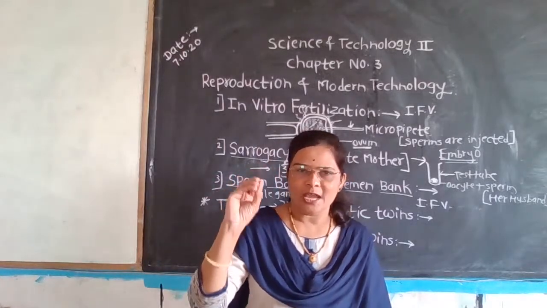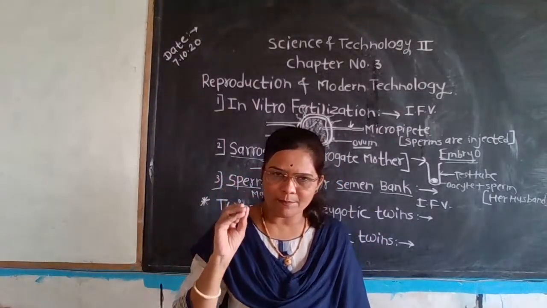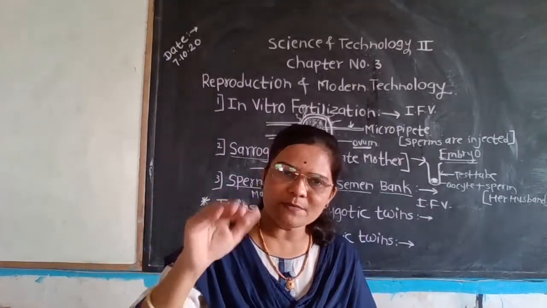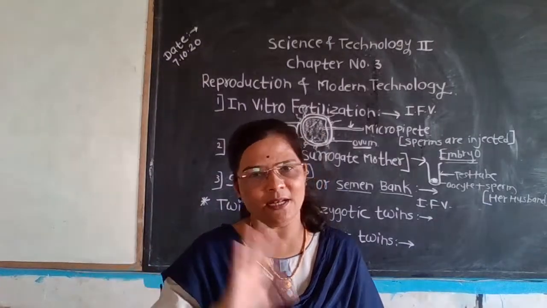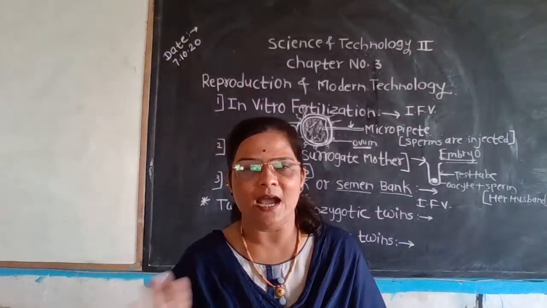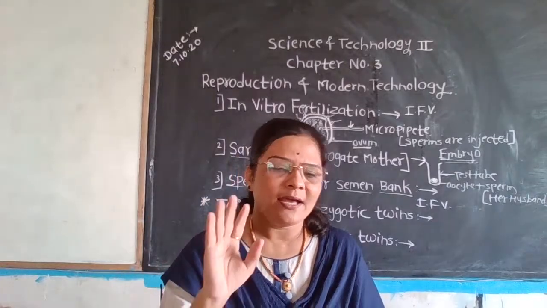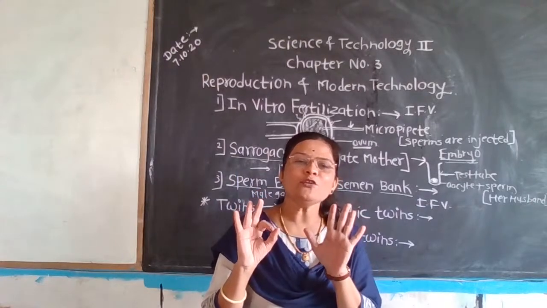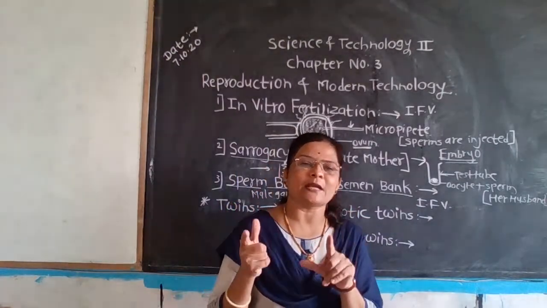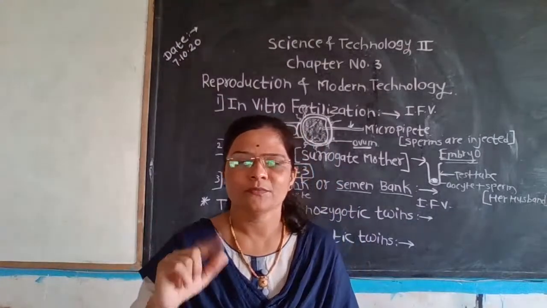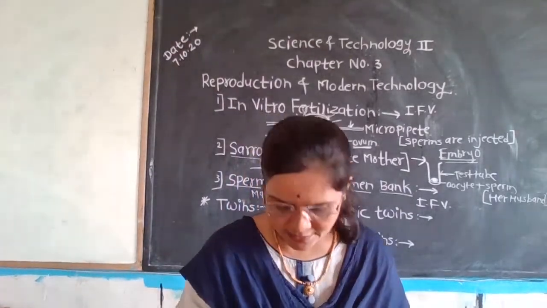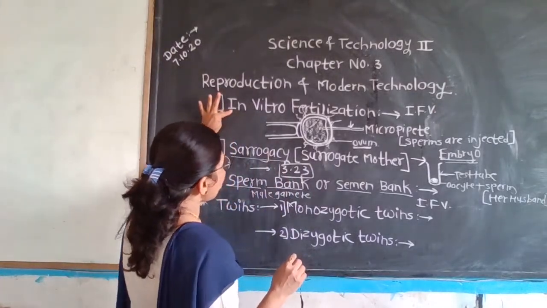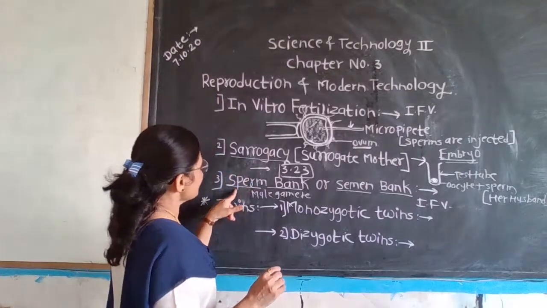Nobody can expose the name of the man from whom the sperms are collected; it is very secret as per the law. That is why nowadays, out of 10 couples, 3 to 4 couples are using this technology, because there are obstacles. Then you remember the 3 technologies: in vitro fertilization, surrogacy, and sperm bank.